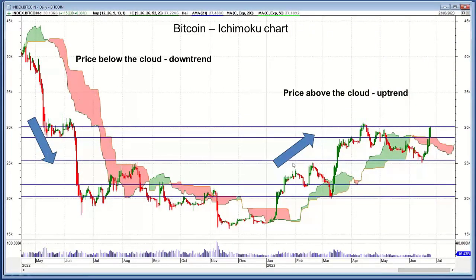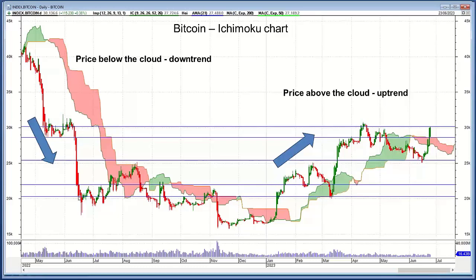Again, strong downtrend, uptrend, price above the cloud, price below the cloud. This is Bitcoin, just to show you that it can be used on other entities. You can see Bitcoin had a particularly severe downtrend. We had some consolidation, a little bit more consolidation, bit of an uptrend.